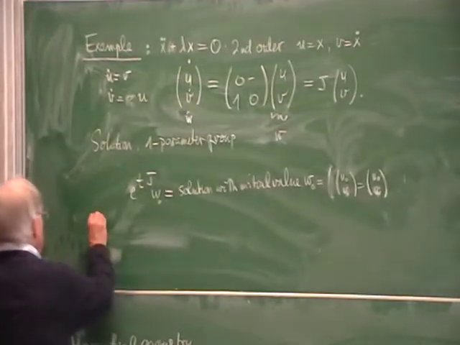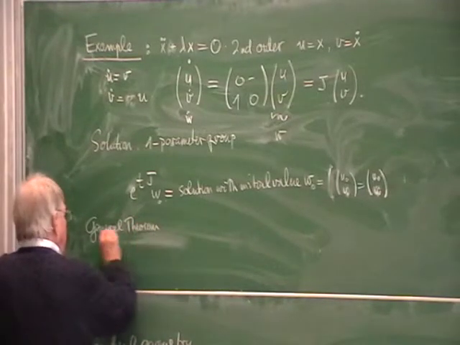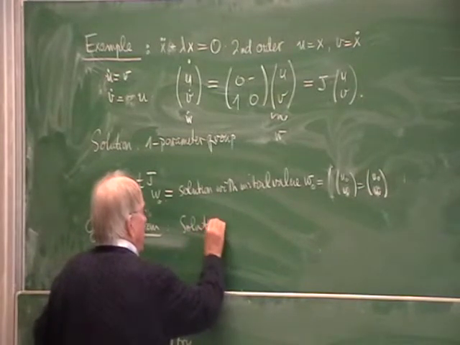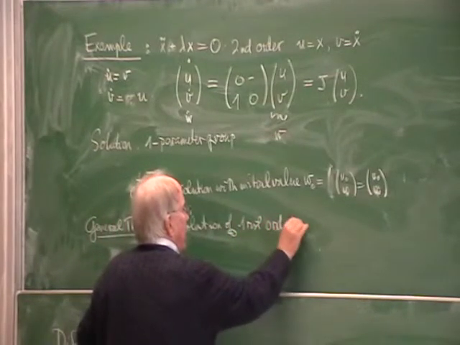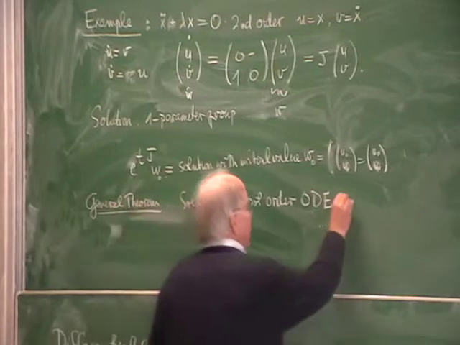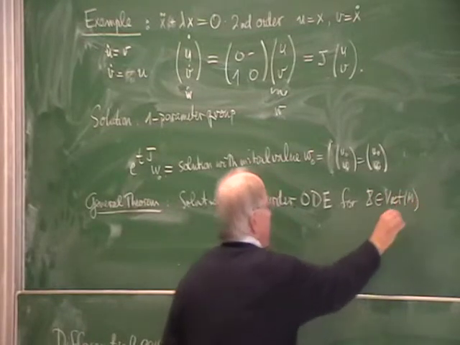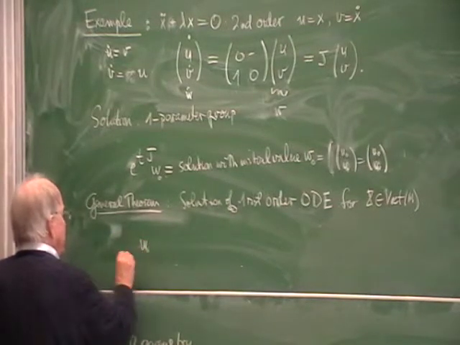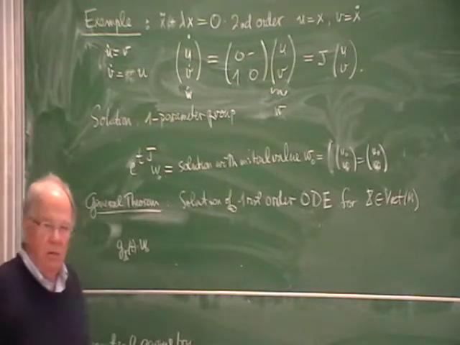And in general, the general theorem: the solution of a first order ODE is the same for a vector field X on the manifold, with initial value, let me write in the same notation, W0 equals Gx of t, the orbit of the point W0 by a one parameter group.